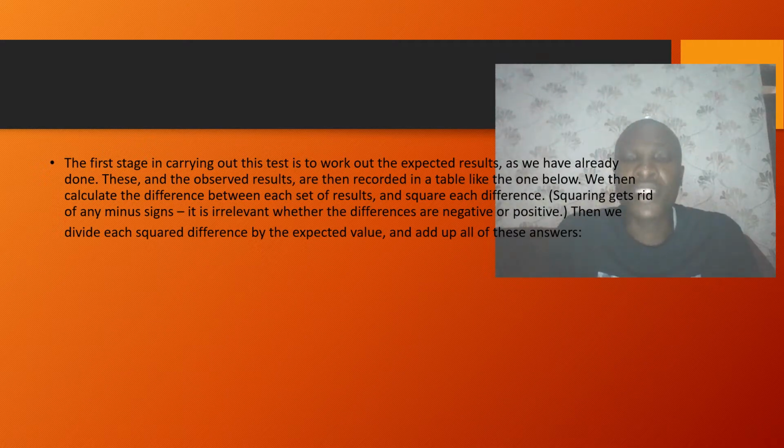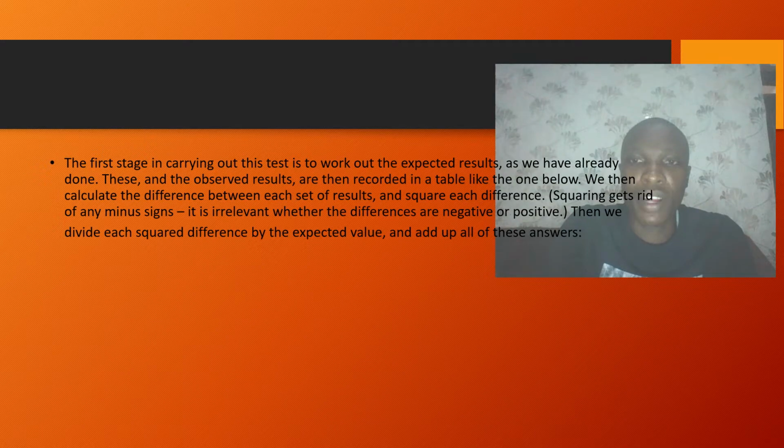There are things that one always expects, but again what you observe in an experiment may be different. So we must be able to calculate the expected results. We must have expected results in one column, and then we write also our observed results.